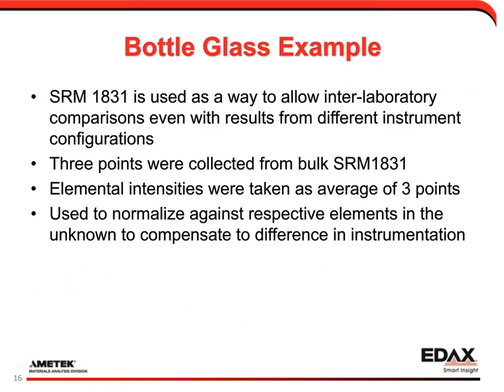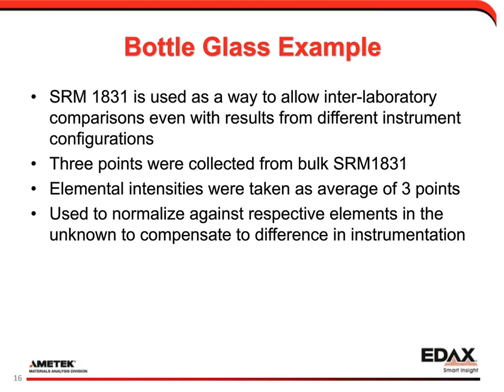So having now the raw data for all 6 samples, one step that we take in the middle is to normalize the intensities to their respective elemental intensities from SRM 1831, which I mentioned is used as a sort of standard to normalize the results so that interlaboratory comparisons can be made. Various labs might have different instrument configurations.